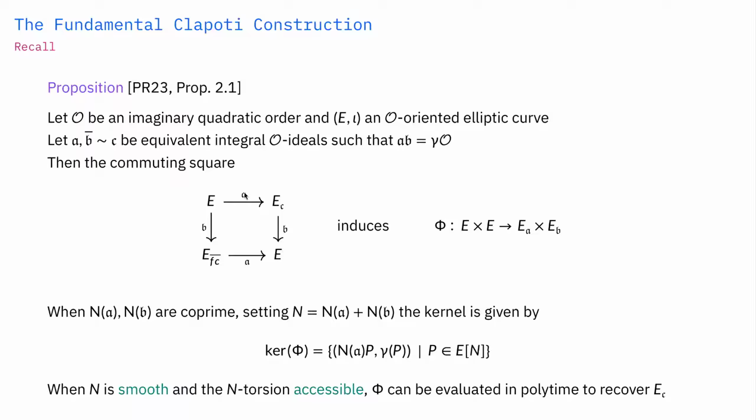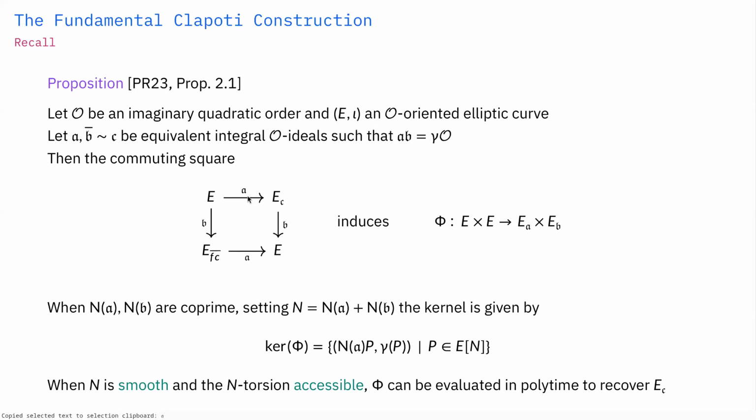Here I'm abusing notation, as we often do, right? The A from the ideal is actually the isogeny corresponding to the ideal A. And because A is equivalent to C, we see that the codomain of this isogeny is EC. And it's the same thing for B. There's a small typo. This should be mathfrak C, sorry. And we get this commuting square.